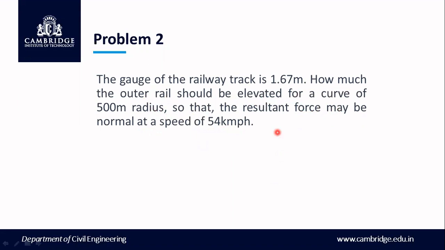So they have given the gauge distance of a railway track. They have asked how much the outer rail should be elevated. That is, they are asking to find out E, the super elevated height, where radius is given so that the resultant force may be normal at a speed of 54 km/h. The speed is also given.